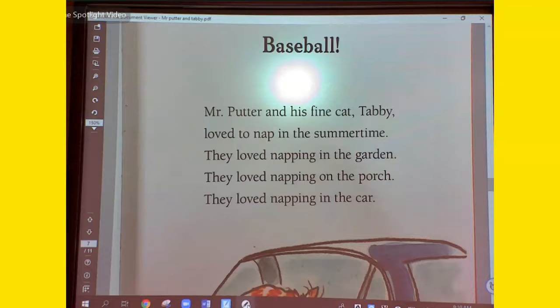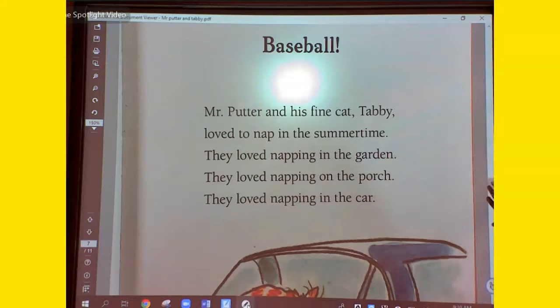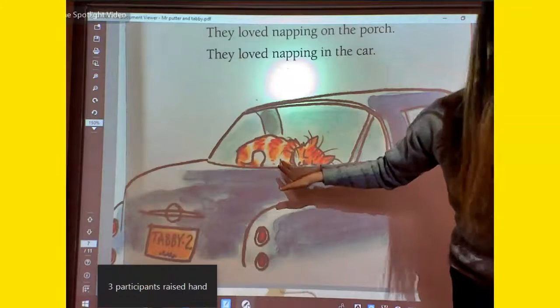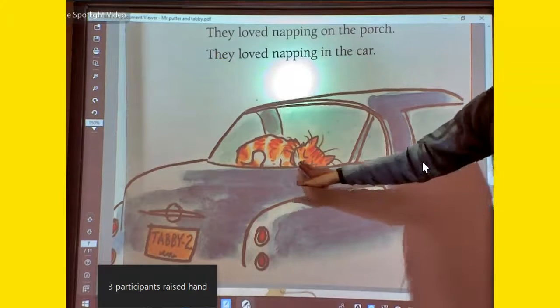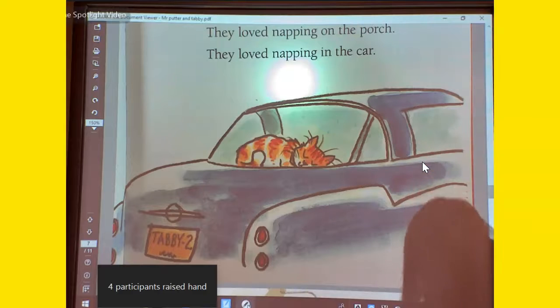So just by reading this page, boys and girls, I want you to think, who is Tabby and who is Mr. Putter? If you would like to help me out, I want you to raise your hand. Jose, who do you think this is? Tabby. So we have the cat named Tabby.